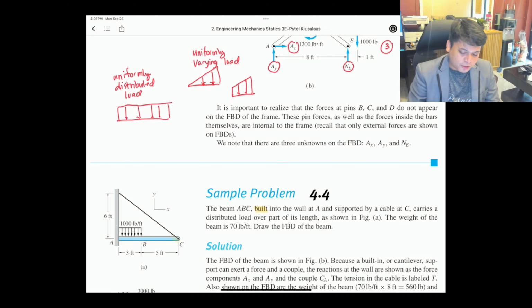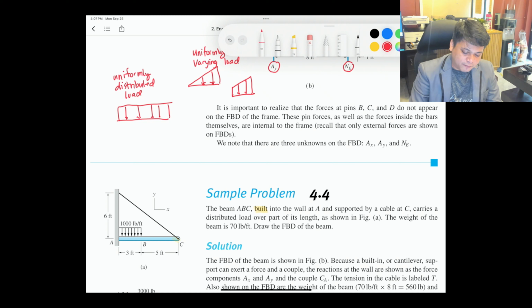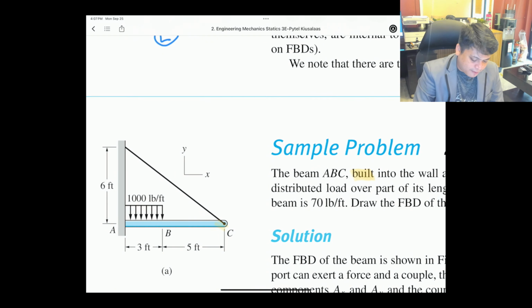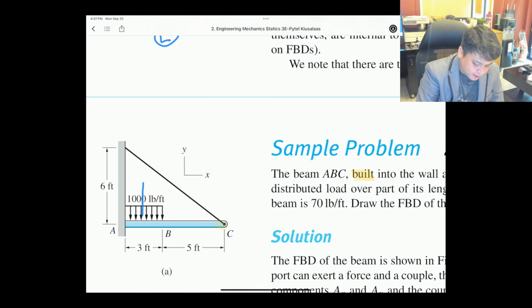So when that is our problem, to get the resultant, we just get the area. You have a length here and a height here, which is the magnitude. So your resultant is just the area of the rectangle, which is length multiplied by the magnitude. So to get the reactions, the resultant, we multiply 1,000 by 3 feet.